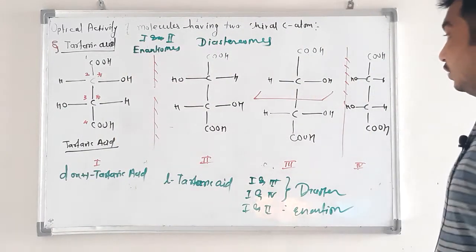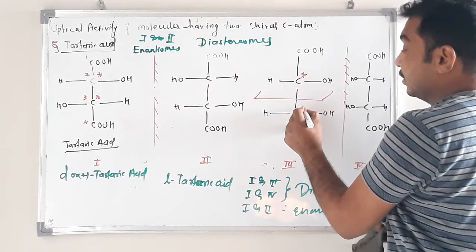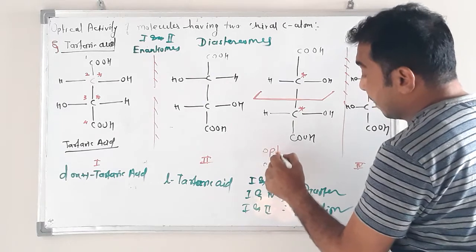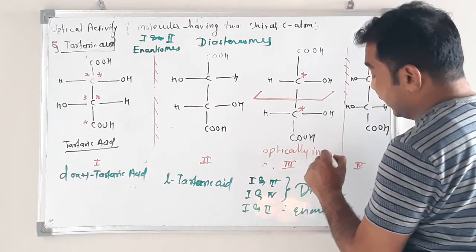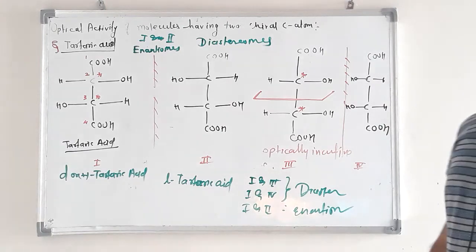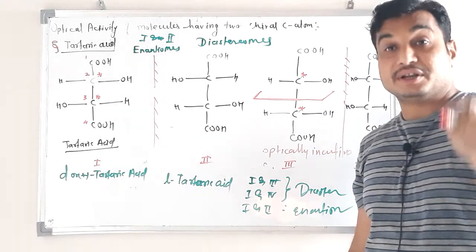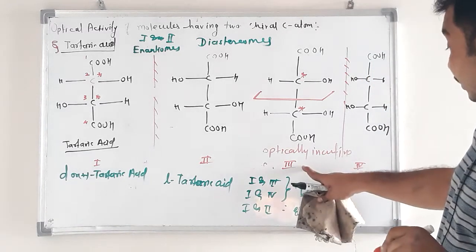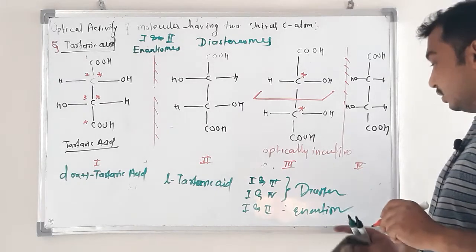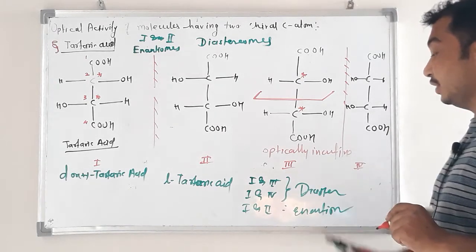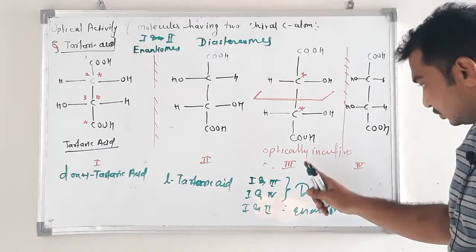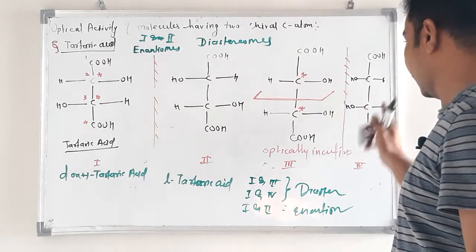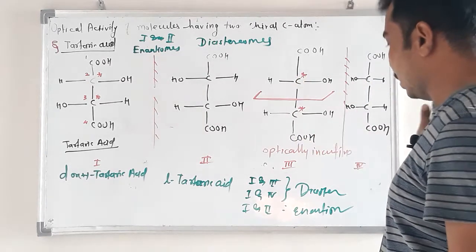Therefore, even though it has asymmetric carbon atoms, it possesses a plane of symmetry, so it is optically inactive, due to the presence of a plane of symmetry. A symmetry operation is present inside the molecule. Therefore, structure 3 and structure 4 are optically inactive. Actually, structure 3 and structure 4 are not different, they are the same. If we rotate this, you will get this. So they are the same.